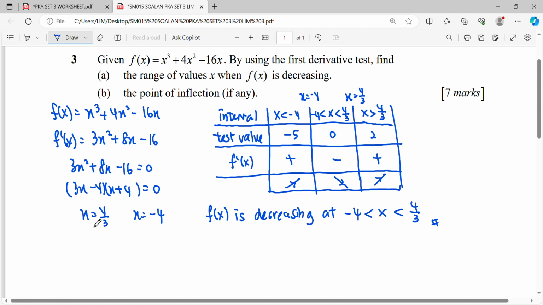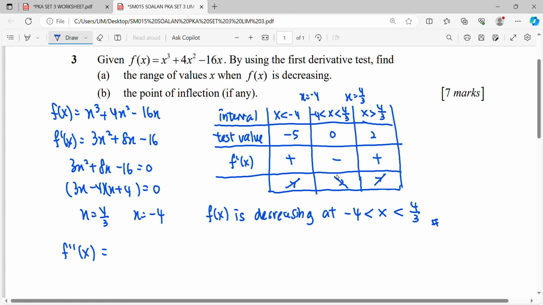An inflection point means the function keeps going up or going down without the tangent changing. So from here, we can't identify any inflection point. But does it mean an inflection point does not exist? No, an inflection point may happen at the second derivative.